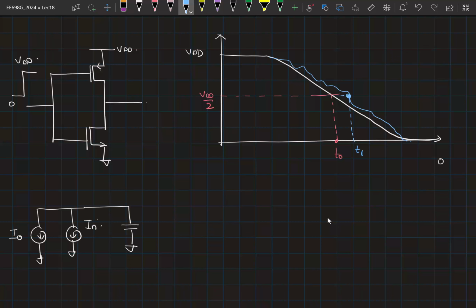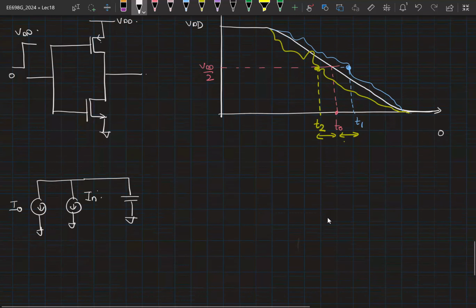So this will result in T1 being the point at which you cross VDD by 2. Or maybe another possible shape could be this. Now this is going to result in the crossing happening at some T2. So because of this, now you have a jitter. Instead of crossing at T0, you are crossing at some instant around T0. Okay. So this is why we have jitter because of thermal noise.